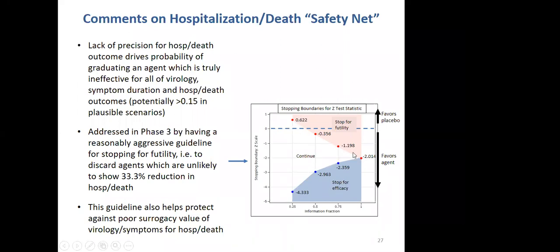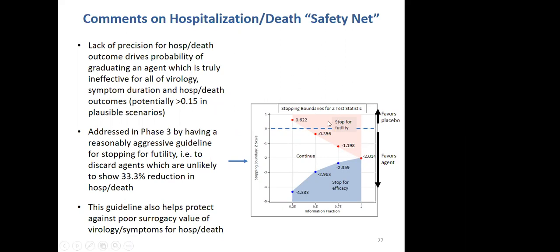But we had a futility boundary, which is really quite aggressive. The intent here was to overcome this problem of potentially graduating an agent based upon a sizable chance difference, and then finding out that it didn't really hold up in phase 3.